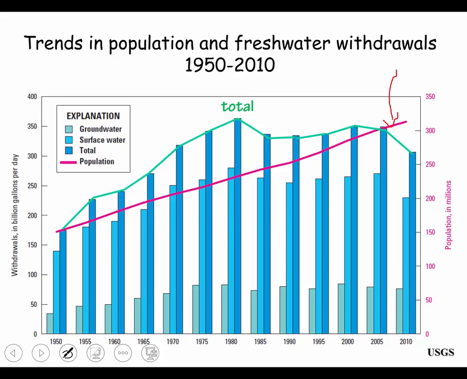Population has been increasing since 1950, but the green line, which is total water use, has actually been stable or decreasing since about 1980. So that's the good news. The per capita consumption of water is decreasing, and that ranges from your share of manufacturing to your watering the lawn. So the good news is we're being more water efficient.